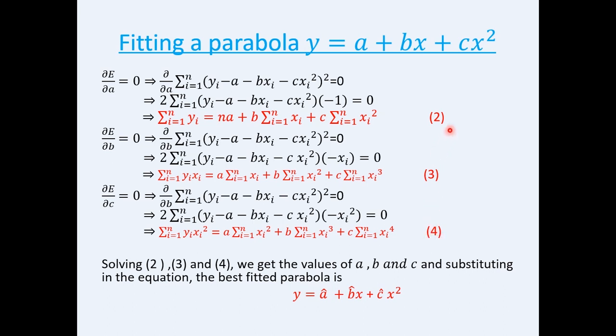We have the equations 2, 3, 4. Solving 2, 3 and 4, we get the values of a, b and c, and substituting these values in our equation, we get the best fitted parabola as y is equal to a cap plus b cap x plus c cap x square.